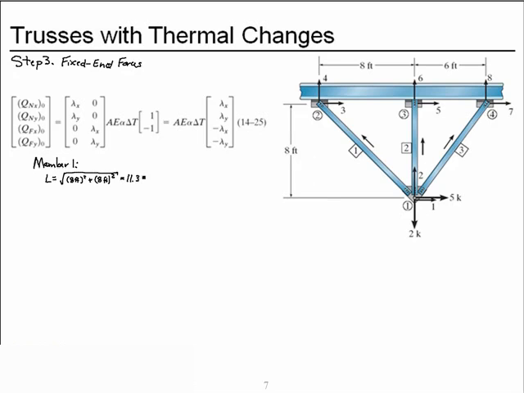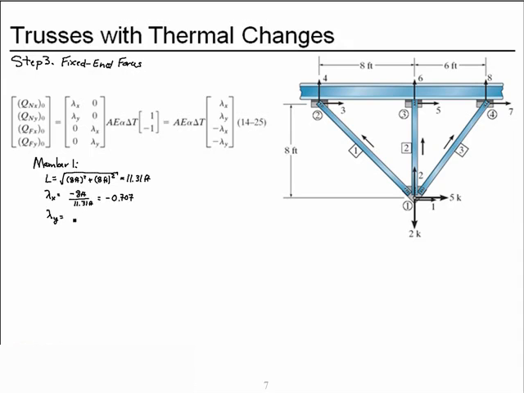It's 11.31 feet long. We need the directional cosine. Lambda x is the change in x coordinate, and with this being the near node and this the far node, we have a negative 8 feet over the 11.31 feet, and our directional cosine is a negative 0.707.